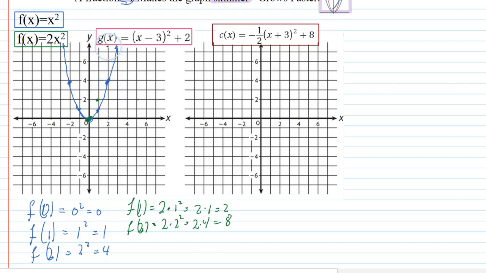So it goes all the way up to 8, which is at the very top of our graph. So see how this graph is growing much thinner or narrower because it's growing faster. So compare the blue with the green graph. Your blue is your normal, and the green got multiplied by 2. So it's growing faster, which means it's going to be narrower.